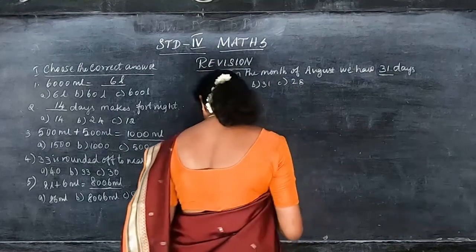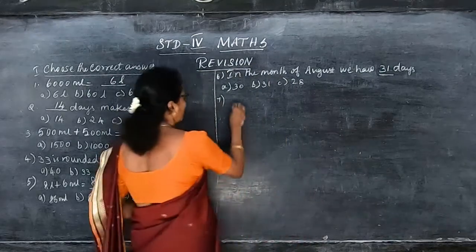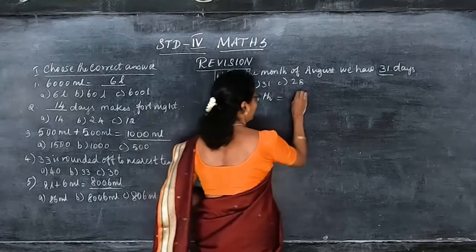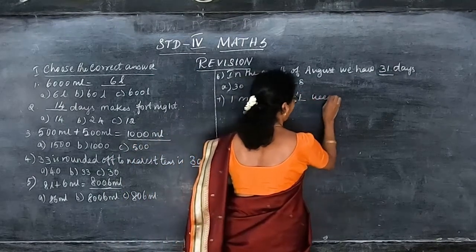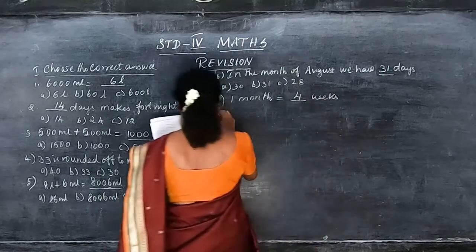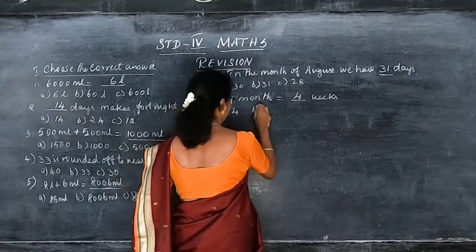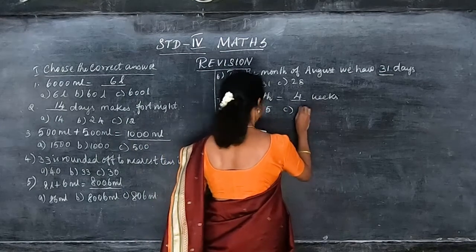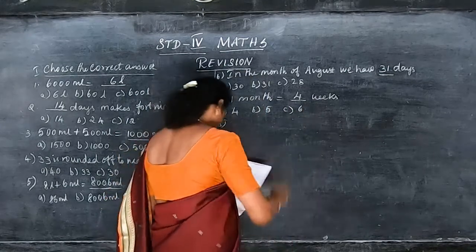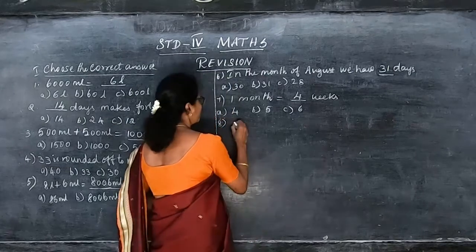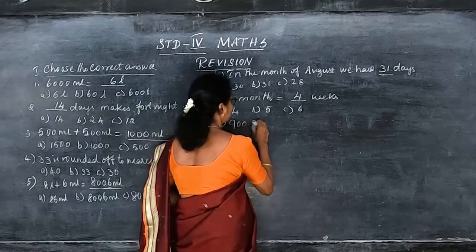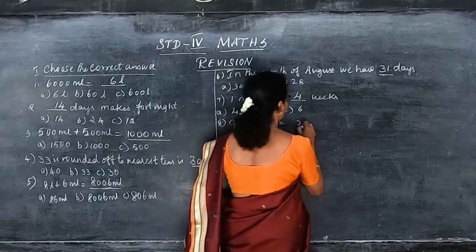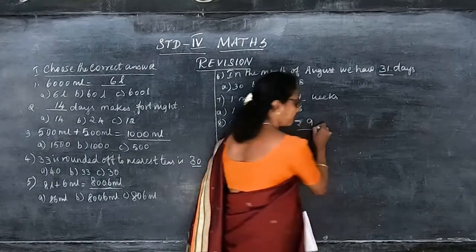And the 7th, 1 month is equal to 4 weeks or 5 weeks, you can write. So A is 4, B is 5 and C is 6. And the 8th one is 900 paise is equal to rupees 9.